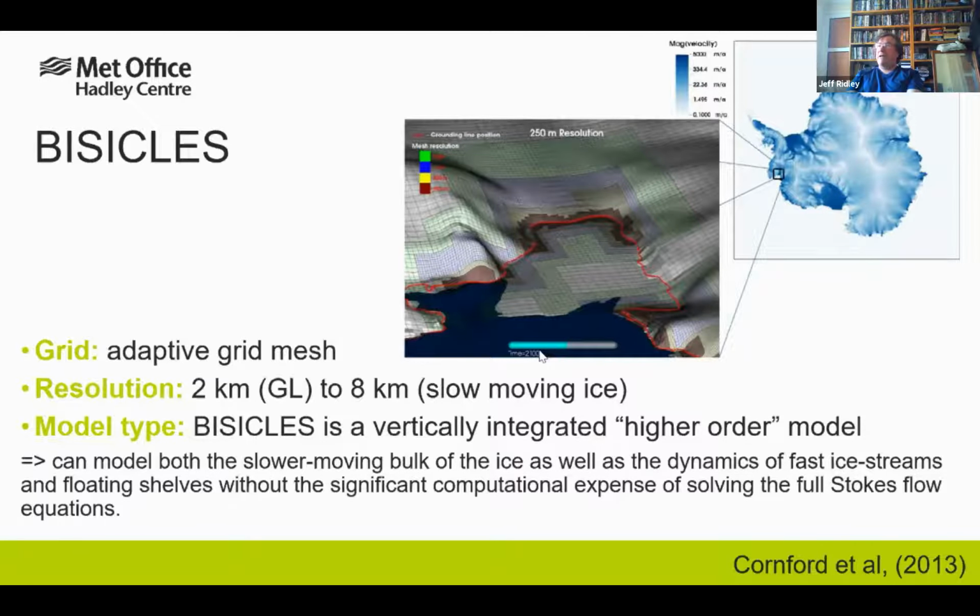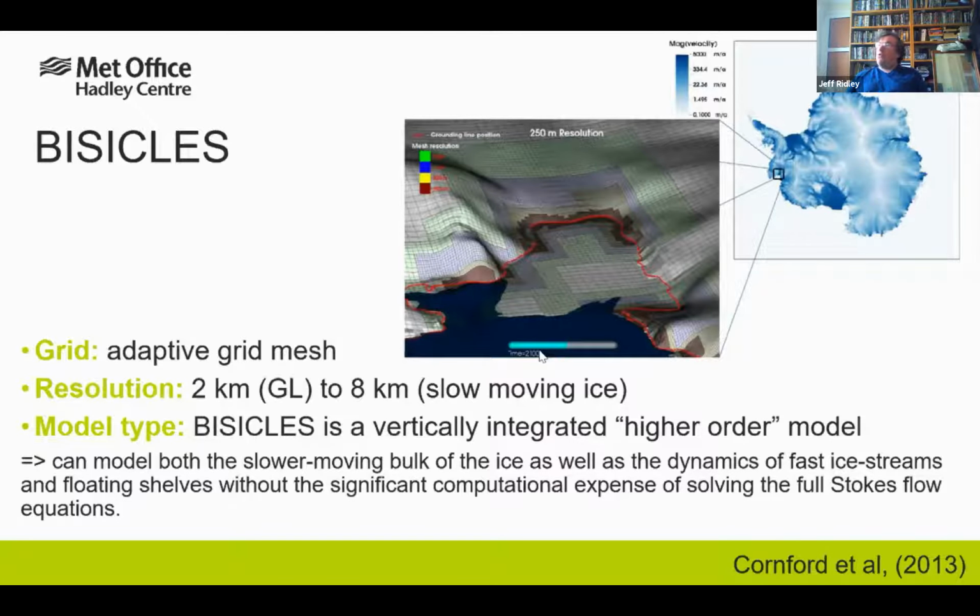In terms of shear, it gets to a standard resolution, which is 8 kilometers, and we determined that about 2 kilometers was needed for the grounding line to adapt properly, i.e. it will return to the same position if you change the forcing back again.